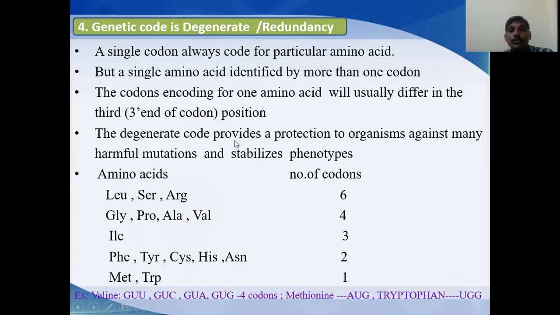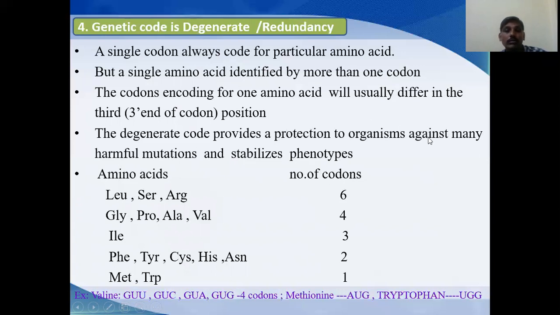The degenerate code provides protection to organisms against many harmful mutations and stabilizes their phenotypic characters. It makes it possible to overcome mutations, because if the third base changes, there is no change of amino acid.